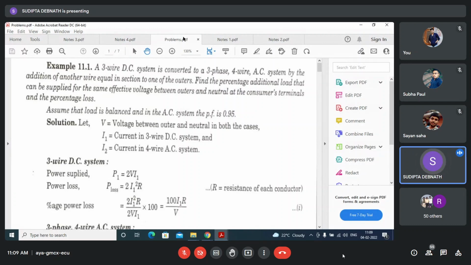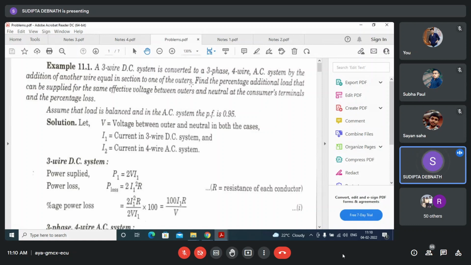So an extra wire is added, and instead of DC, AC current is flown. So it is converted into an AC four-wire system by addition of another wire of equal cross-section to that of the outers. Okay, so the fourth wire is of the same cross-sectional area.